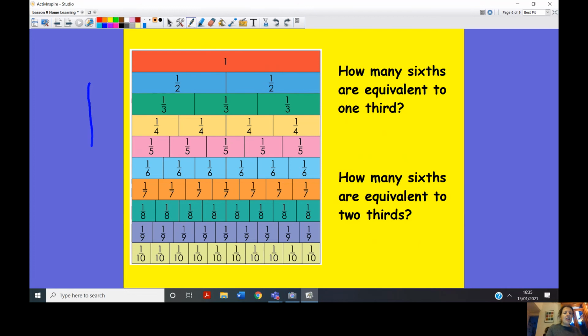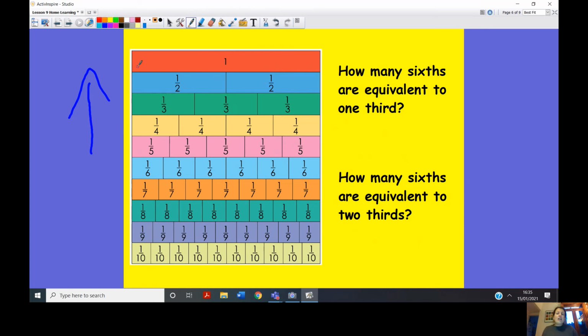It's going up as you go down. But look at the size of these parts. Remember, the denominator goes up, the size of the part gets smaller. Just think, you're sharing something with more people.